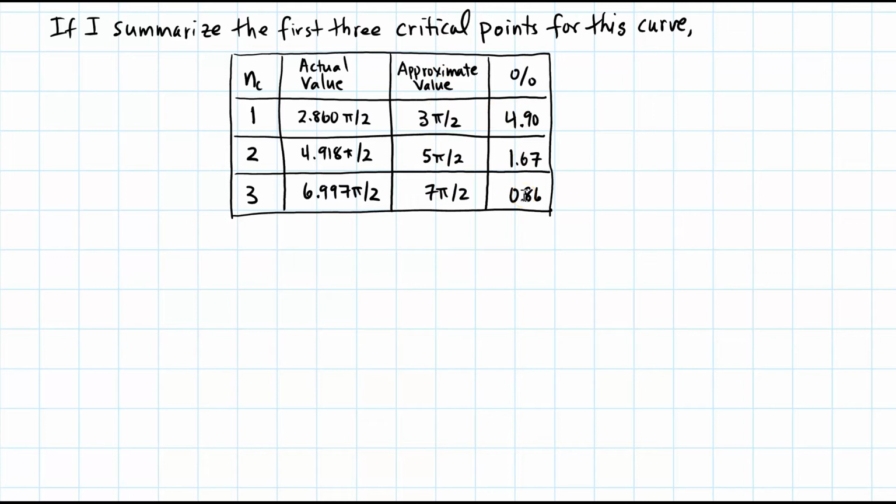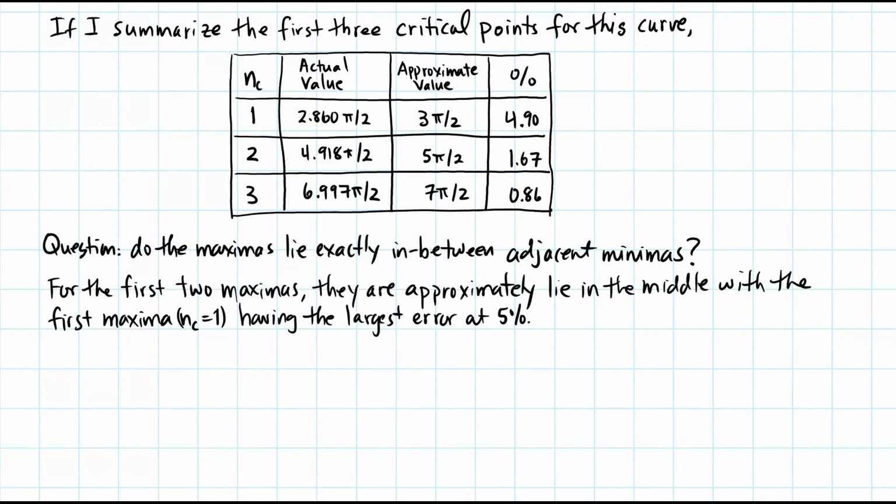So that means then, if we know that we're using these values, we know that they're going to be slightly off. First two maximas, they are approximately lying in the middle, with the first maxima having the largest error at 5%.